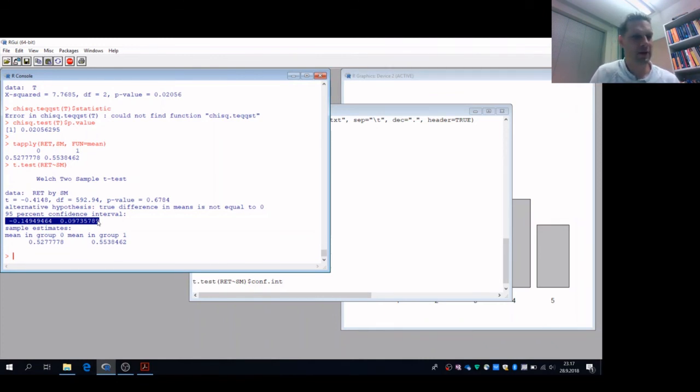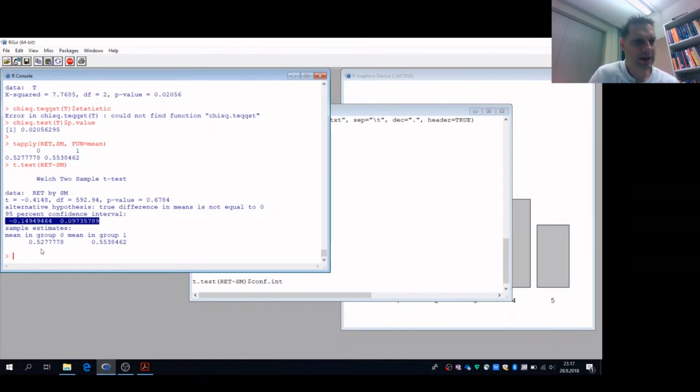If this confidence interval includes, for example, the value 0, then at that risk level the null hypothesis holds.